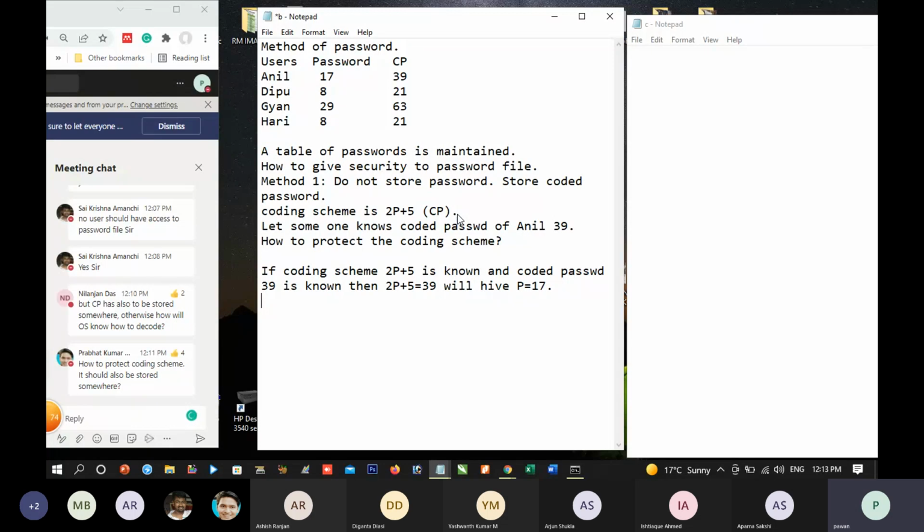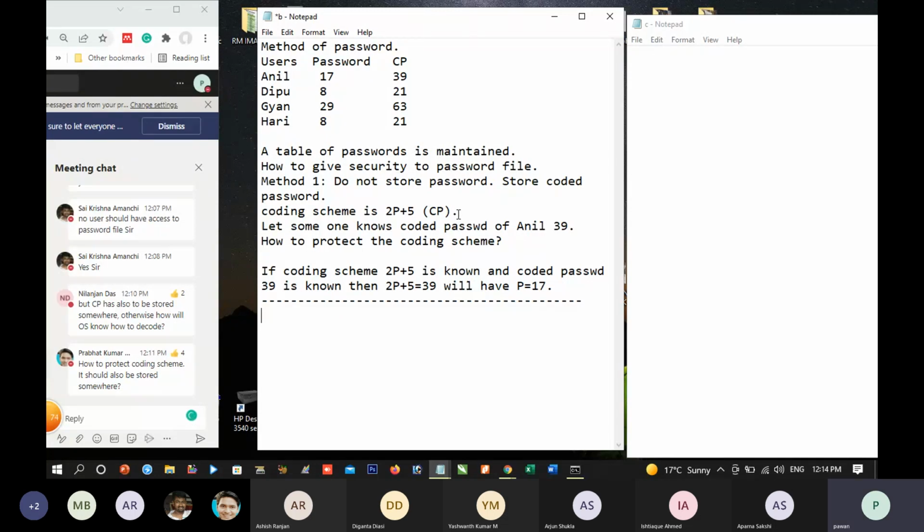Is your doubt clear? So, is this problem not solved? We are not storing the password, fine. We are storing the coded password. And there is a coding scheme also.